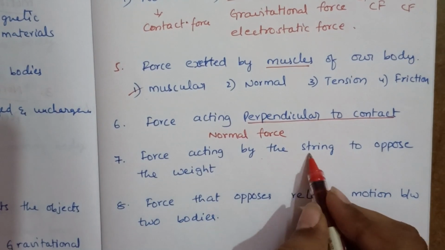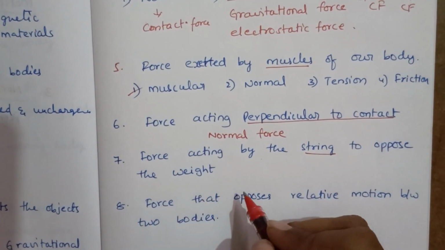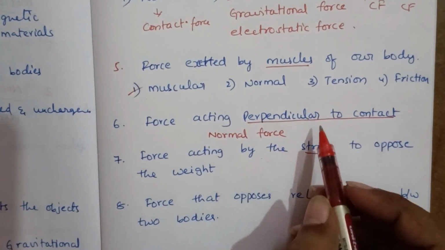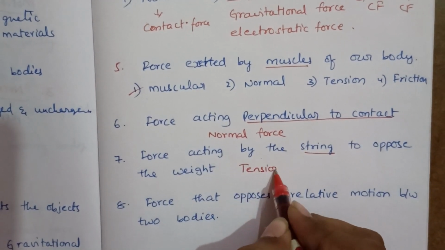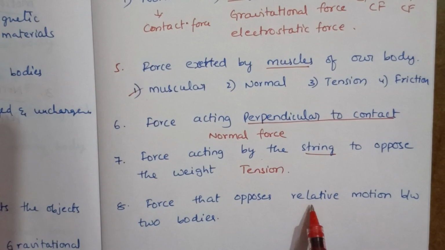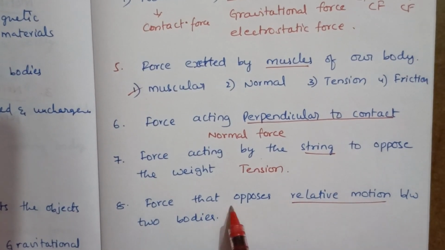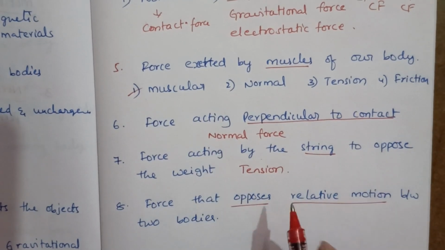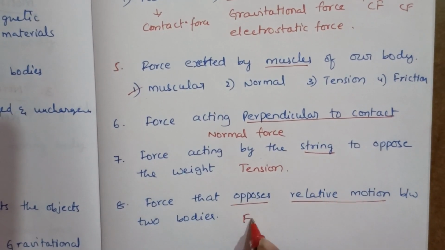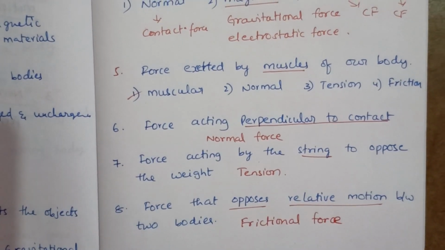The force acting by the string to oppose the weight of the body is tension. The force that opposes relative motion between two bodies is frictional force.